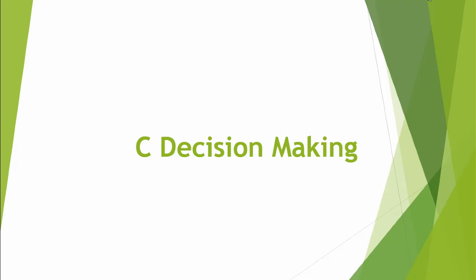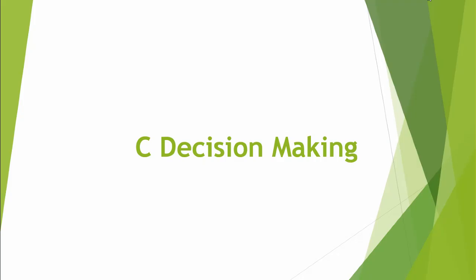You already covered fundamentals parts 1 and 2. Along with the fundamentals, C decision making is again very important. Whatever program you are writing, you mostly have to apply decision making in your code.